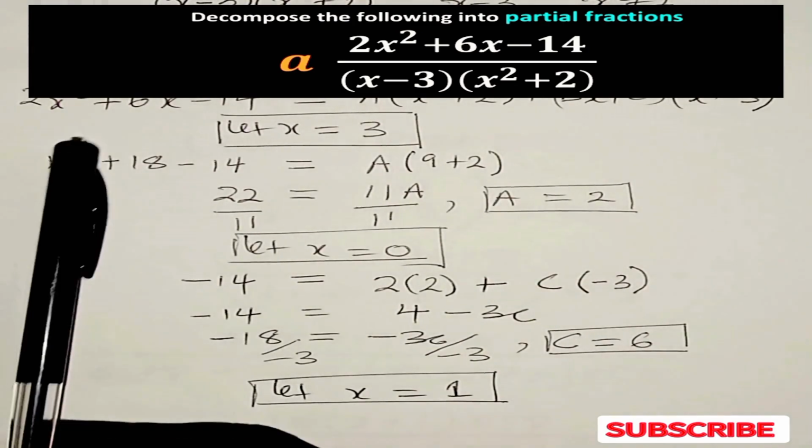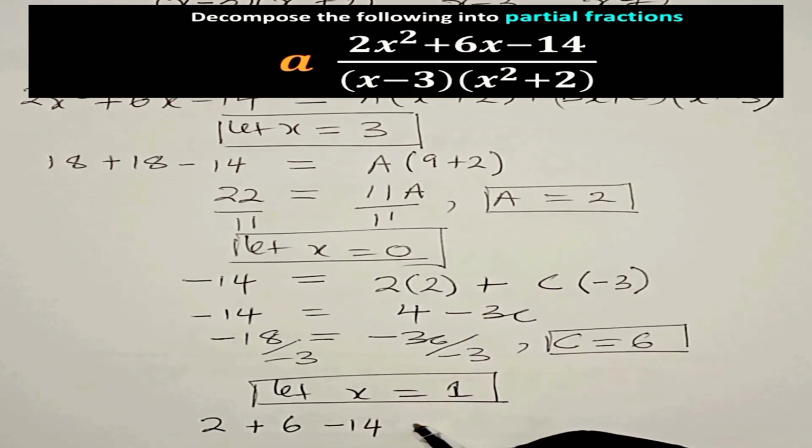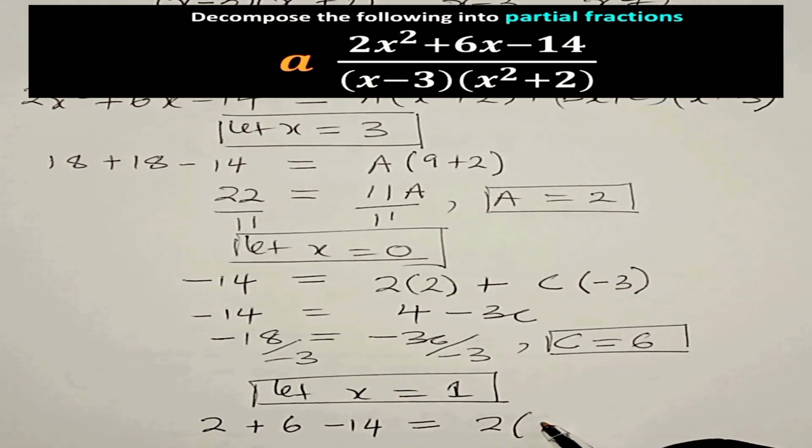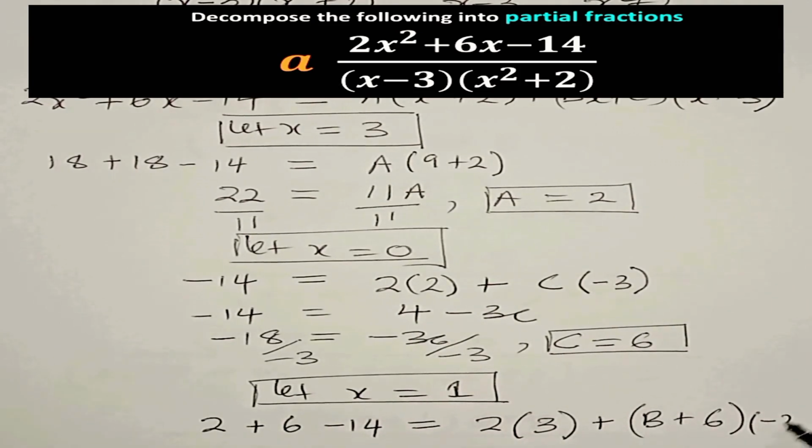On the left-hand side, we shall have 2 plus 6 minus 14. That is equal to A, which is 2. So we have 2, then 1 squared plus 2, you get 3. So we have 2 multiplied by 3, plus B multiplied by 1, then plus C, C is 6 from above, multiplied by 1 minus 3, which is minus 2.